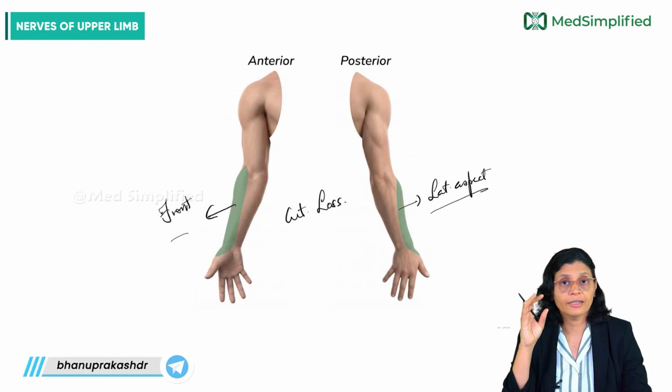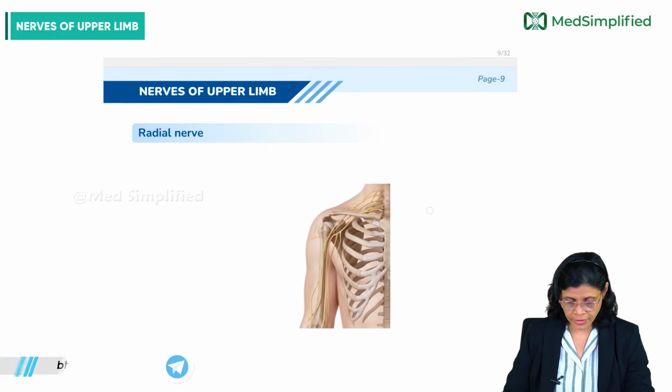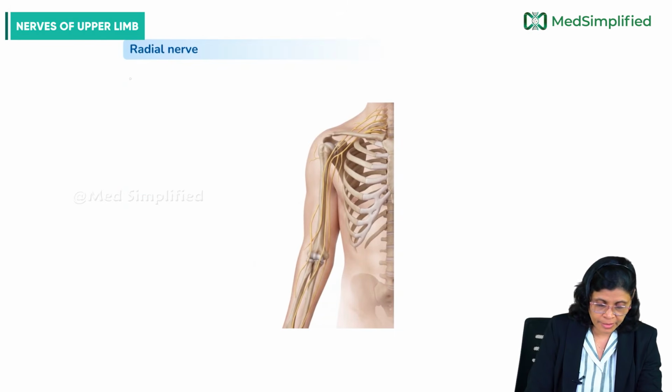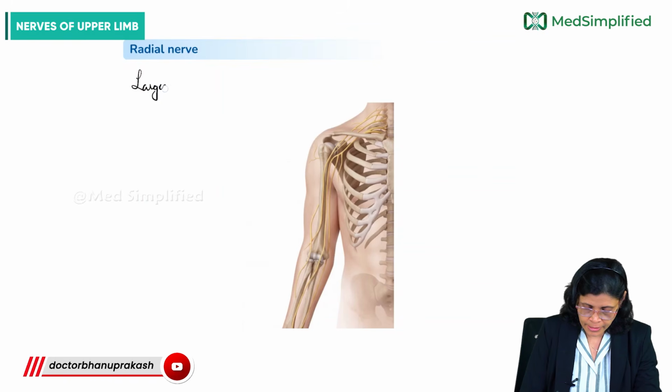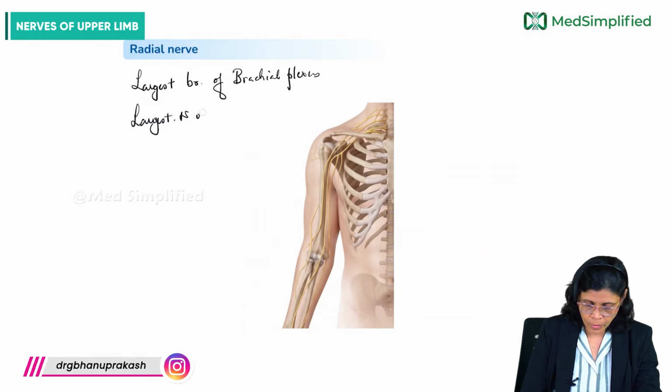Now let's study the largest branch. The largest branch of the brachial plexus, which is also the largest nerve of the upper limb, is the radial nerve. So remember, the radial nerve is the largest branch of the brachial plexus as well as the largest nerve of the upper limb.